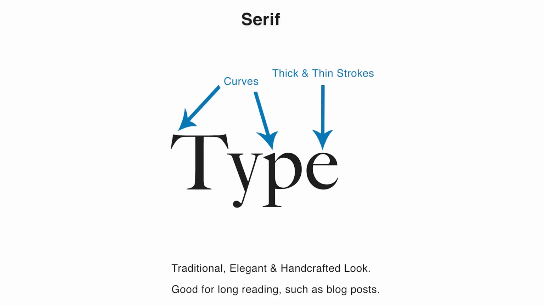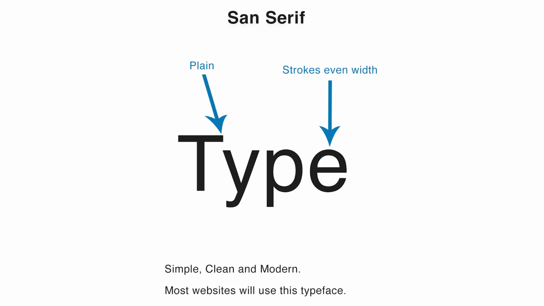The difference is that with the serif typeface, as you can see with the characters, they have edges on the ends of the characters, and the strokes are thick and thin. With the sans serif typeface, the edges are plain and the strokes are even width. So the sans serif typeface appears a lot simpler and modern, and most websites use it. The serif typeface appears more elegant and gives a more traditional and handcrafted feel.